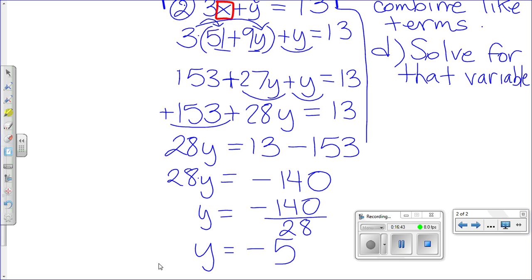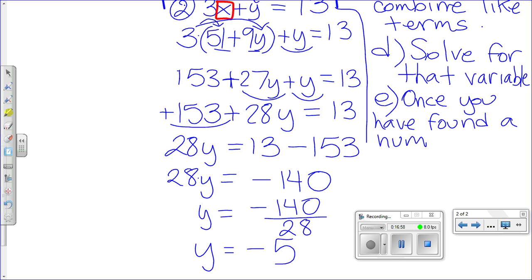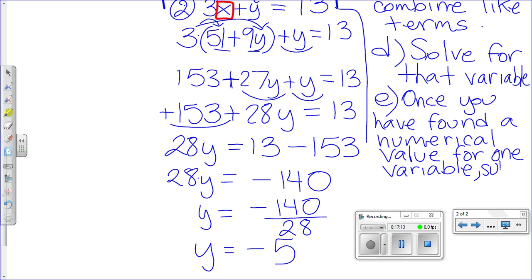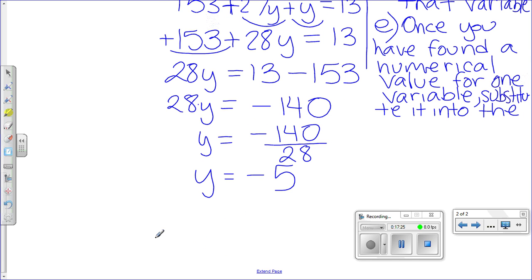So we have A, B, C, D, E. And so that will be, let's say, once you have found a numerical value for one variable, you're going to substitute it into the expression found.